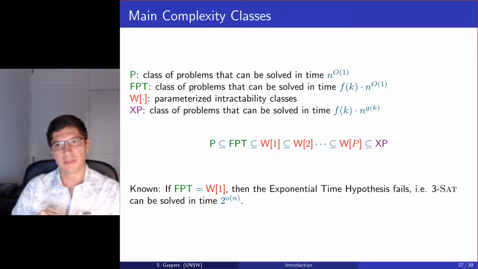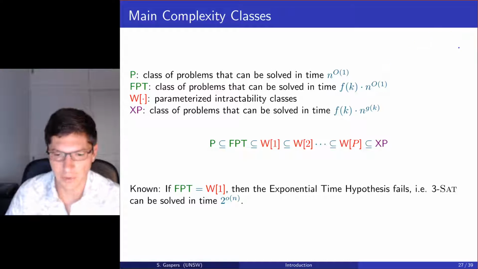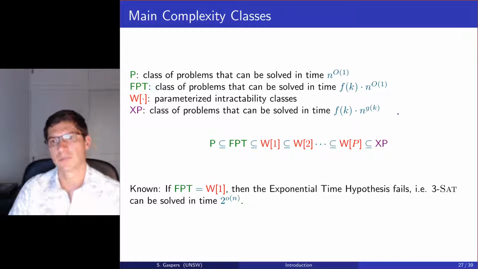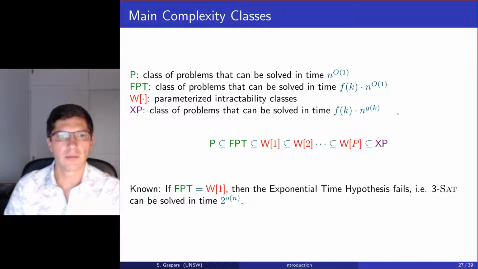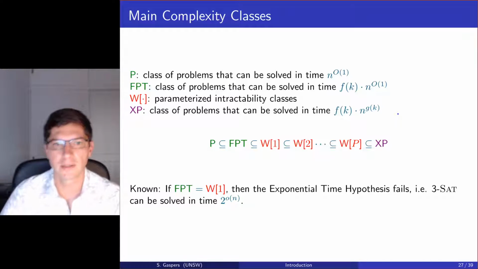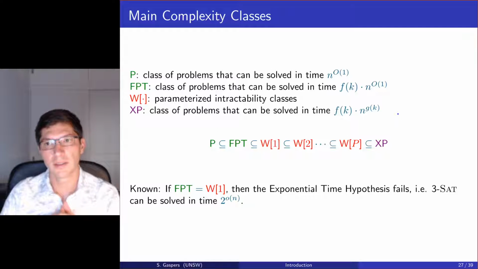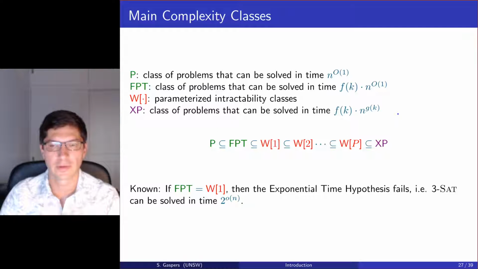And then XP is the class of problems that can be solved in time f of k times n, not to a constant, but n to the power some function g of k. So why would we care about such running times? Well, that's what people usually call polynomial when k is a constant.